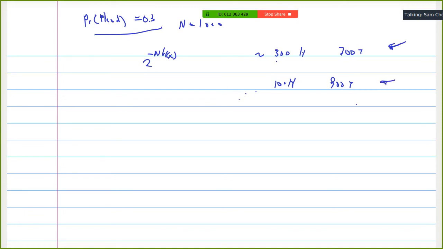For example, what's the probability of getting this? Let's call them p head and p tail, just for convenience. So the probability will be p head to the power 300, and p tail to the power 700.